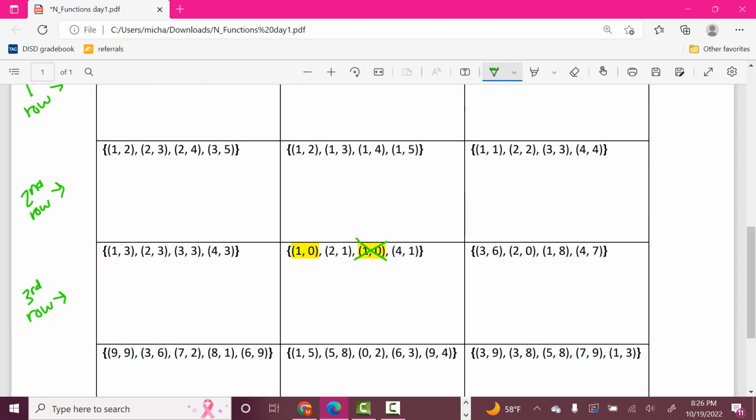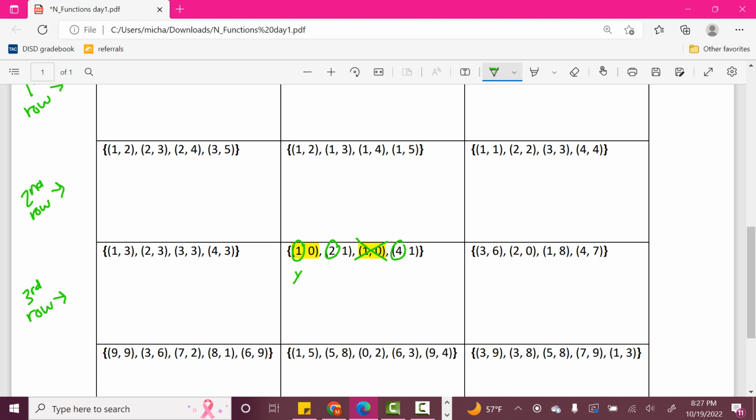So since we're asking a question about the x values, we should know what the x values are. So we're going to circle the 1 because it's the x value in the ordered pair (1, 0). We'll circle the 2 because it's the x value in the ordered pair (2, 1). And we're going to circle 4 because it's the x value in the ordered pair (4, 1).